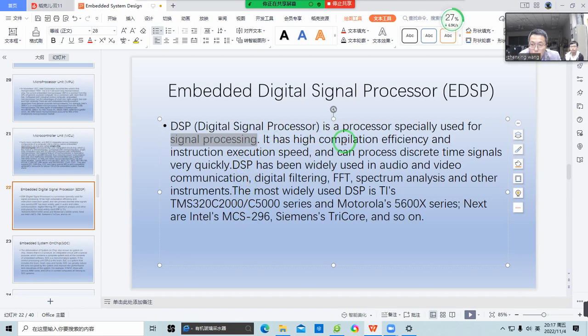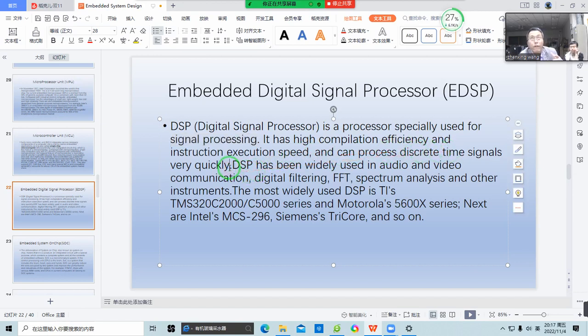So matrix algorithms are very fast if you adopt DSP. It also has high compilation efficiency and instruction execution speed. It can also process discrete time signals very quickly.